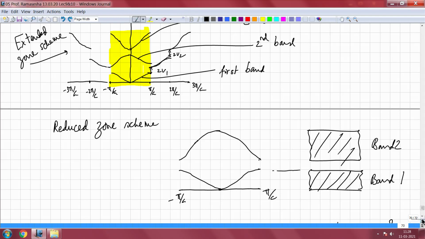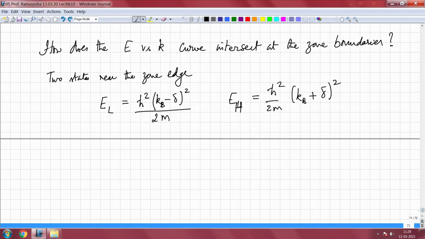So, having done that, because they are nearly degenerate, we can do a degenerate perturbation calculation. If we do a degenerate perturbation calculation, then we have to solve for the matrix elements of the following 2 by 2 matrix, which are given by EL minus E, V, V star, EH minus E, and the determinant of this must be equal to 0.